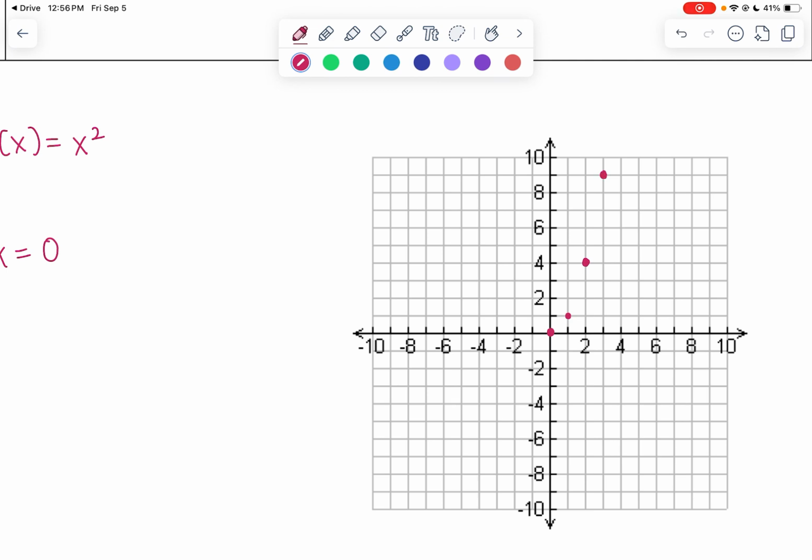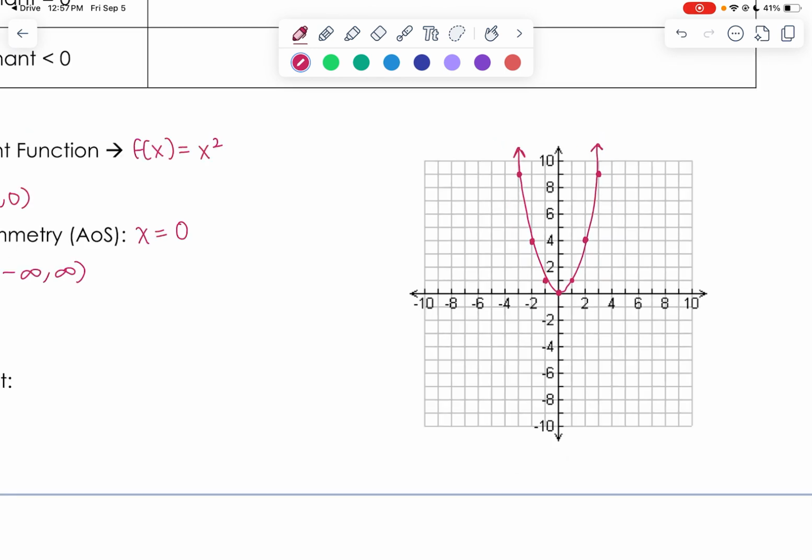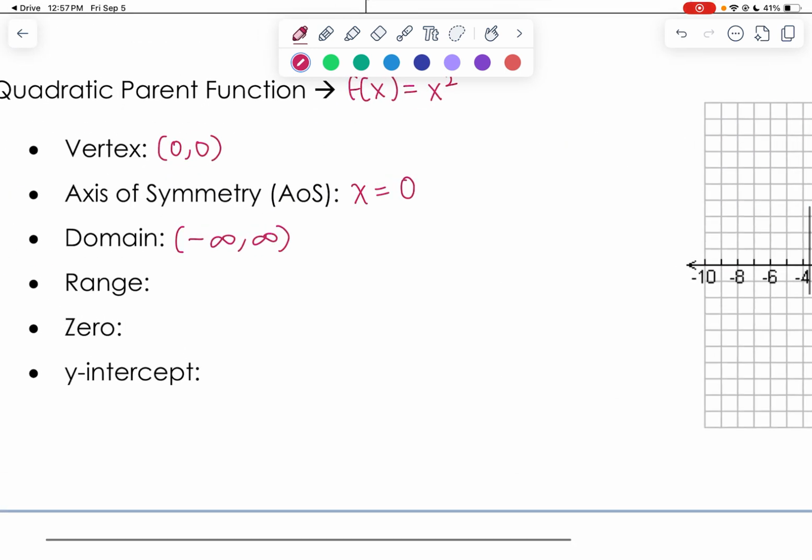But if I plug in negative 1, remember that negative 1 squared is also 1. Negative 2 squared is also positive 4. And negative 3 squared is also positive 9. So that's where we get our axis of symmetry from, around the vertex, because our values are going to kind of bounce back up. So my range would be from 0 to infinity.